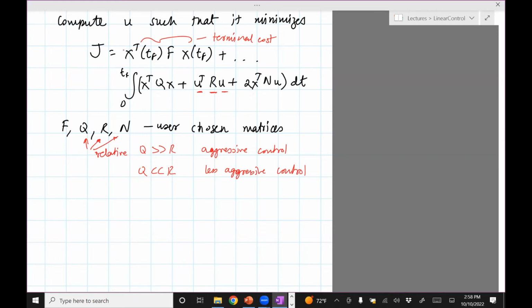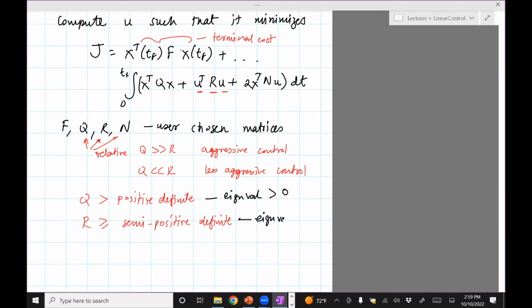There are some conditions on Q and R. I think Q needs to be, and I may be wrong on this, positive definite, and R can be positive semi-definite. Positive definite means the eigenvalues should all be greater than 0. Semi-definite means that eigenvalues can be greater than or equal to 0.